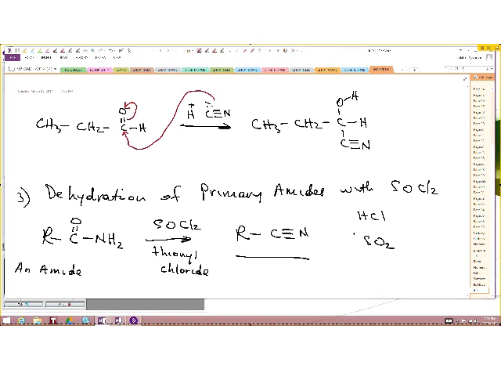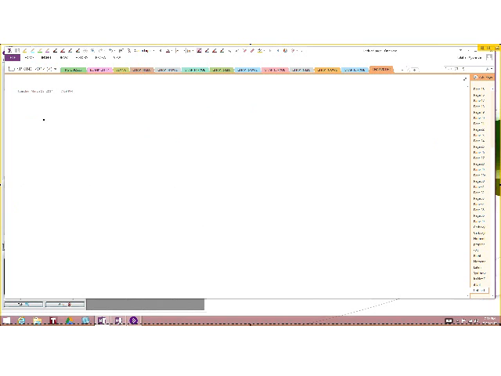Let us give you a couple of specific examples on this. I could take this primary amide here, react with thionyl chloride, in this case I get the cyclopentane carbonitrile.